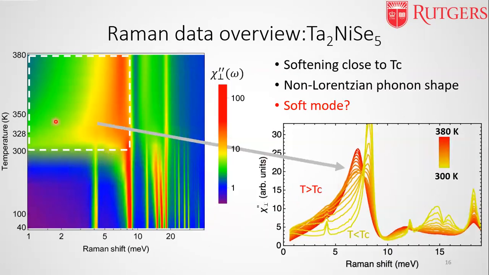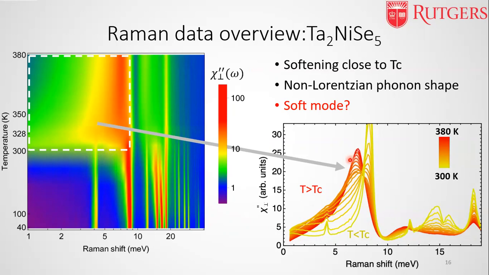Returning to other features we observe in the Raman data, there is this blob of intensity of the softening. If we look at the actual spectra taken at particular temperatures, we observe that the softening occurs for this interesting asymmetric-like peak. It's a little bit weird for a phonon to have that shape.